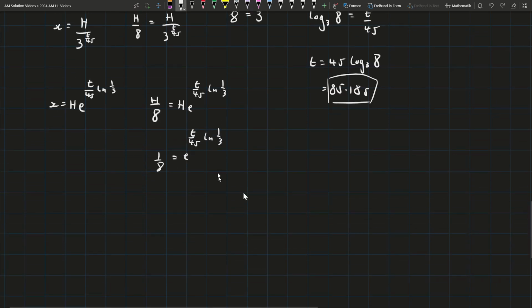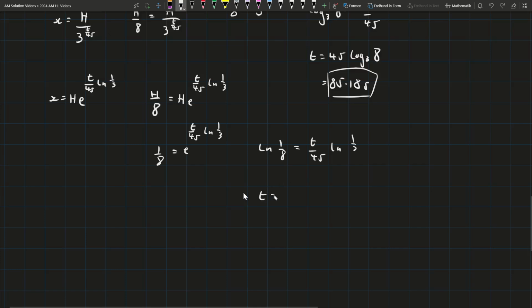Do ln on both sides, you get ln of an eighth equals t over 45 ln of a third, which means that t equals 45 ln of 1 over 8 all over ln of 1 over 3. And if you put that into your calculator, you also get 85.18 seconds as your final answer.